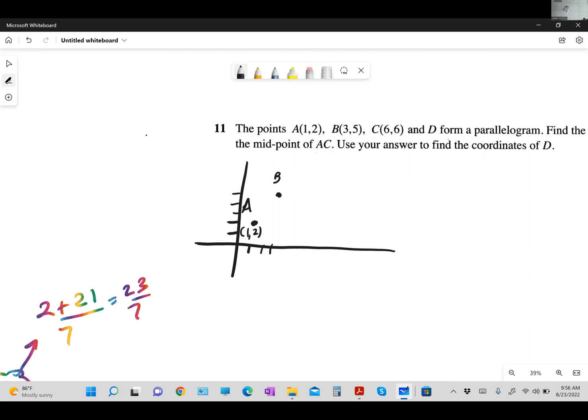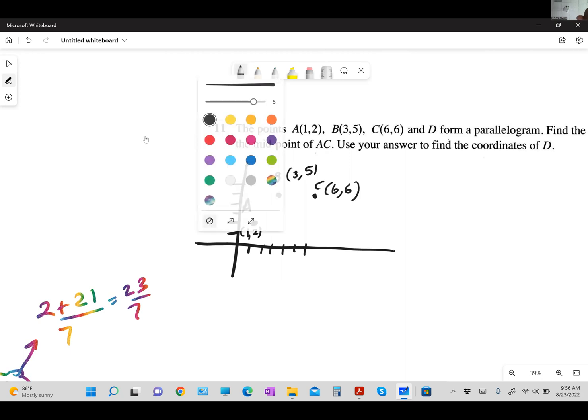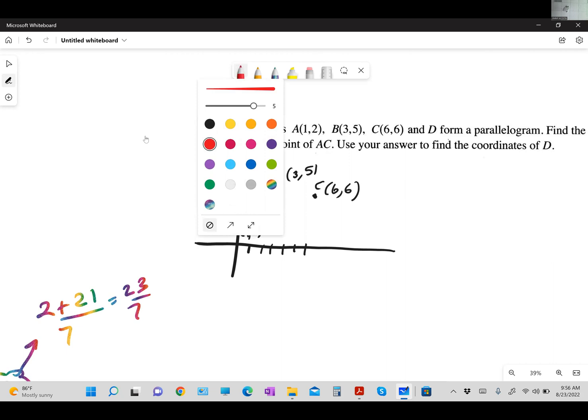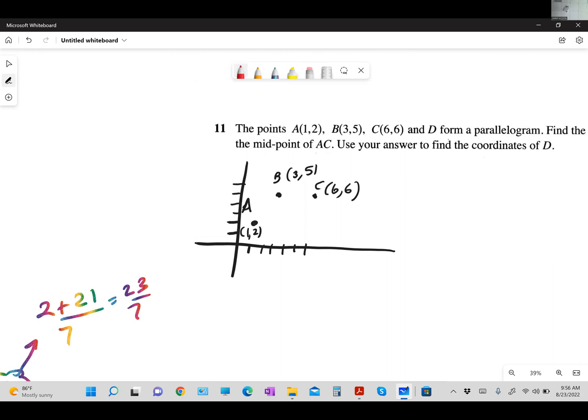And then C is over here, (6, 6). And then D, if I'm connecting these dots to form a parallelogram, which is, I think, a type of quadrilateral, D is somewhere here. I just don't know where.